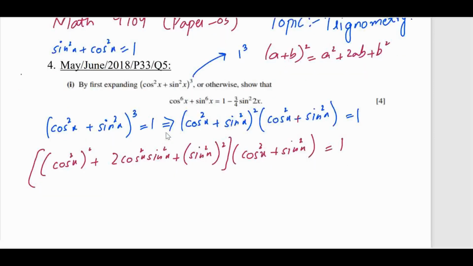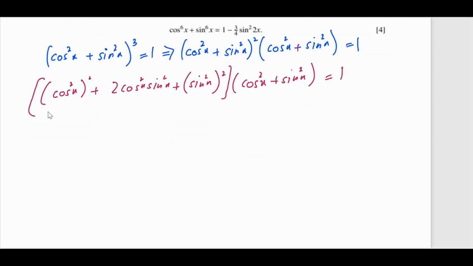Now we can further simplify it: this will be cos 4 of x plus 2 sine square of x cos square of x plus sine 4 of x, into (cos square of x plus sine square of x).